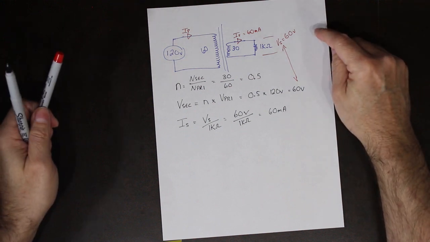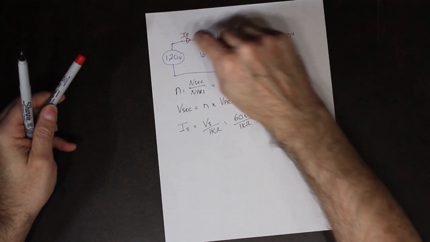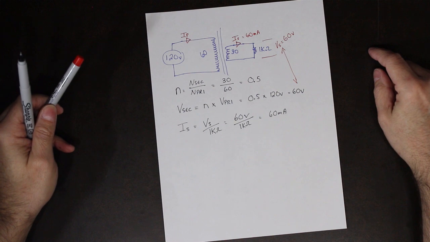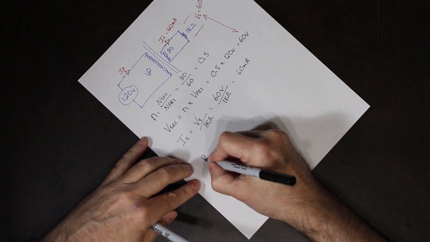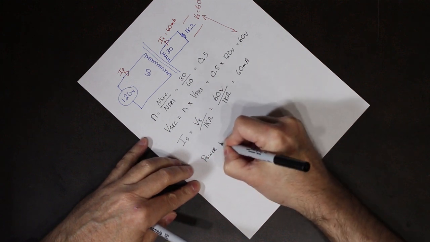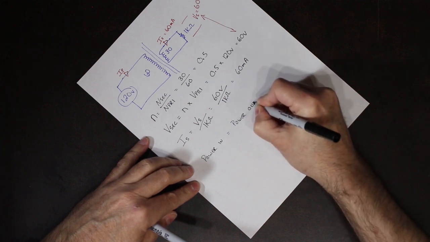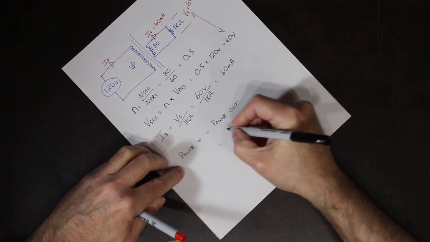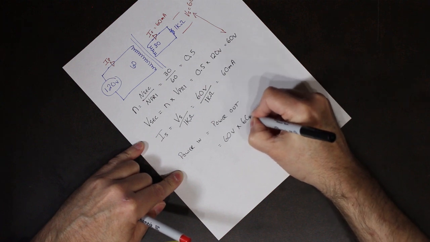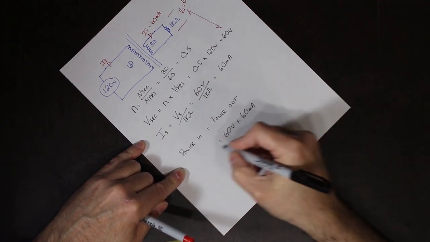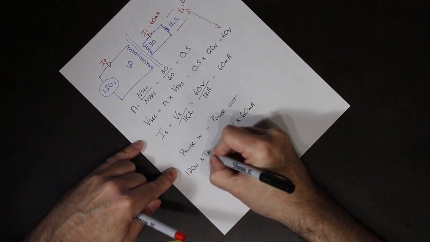Now what is left is this primary current. How much current is flowing on the primary side? Well, we know that power in must equal power out. Therefore 60 volts times 60 milliamps must equal 120 volts times I primary.